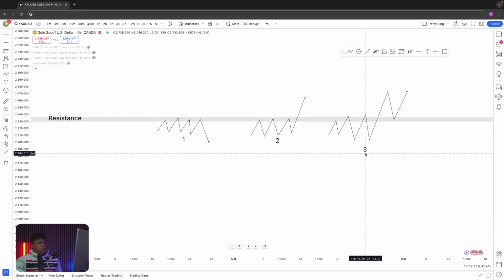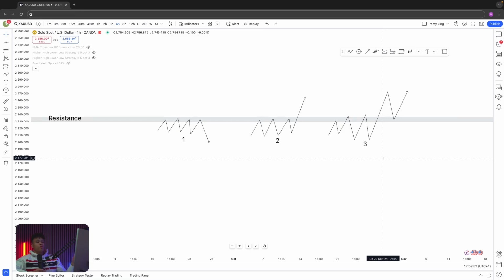Once again, let me explain it to you. First example, number 1, price is showing a lot of rejections off of the resistance, we cannot break through. Second example, price is showing a lot of rejections off of that resistance area. Unfortunately, it breaks above that area.